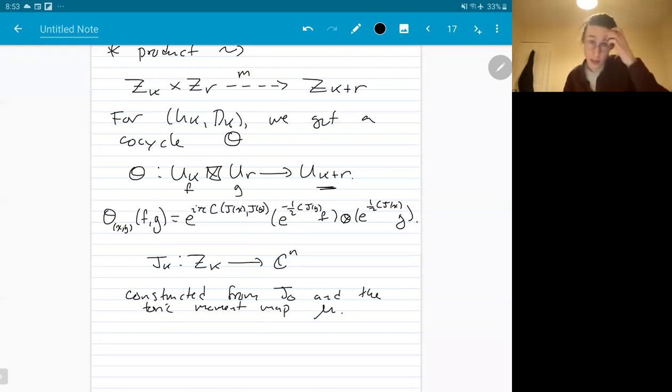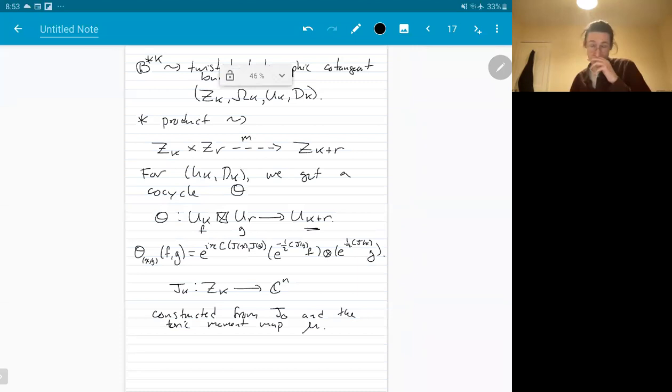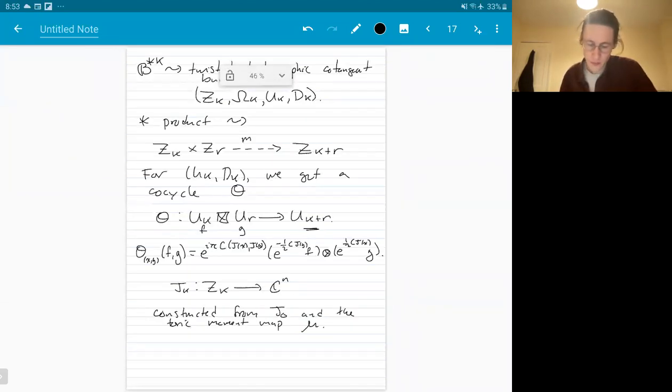So it's not that complicated. That's geometrically how the monoidal structure is encoded.